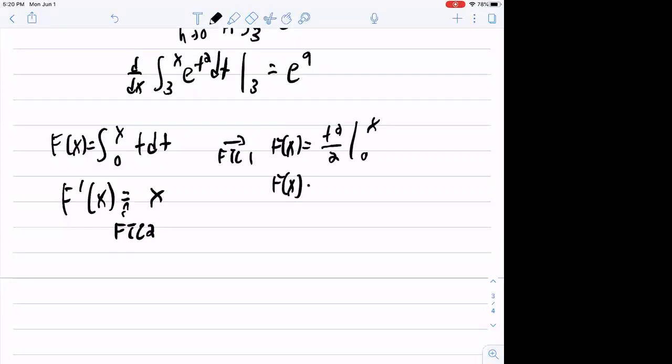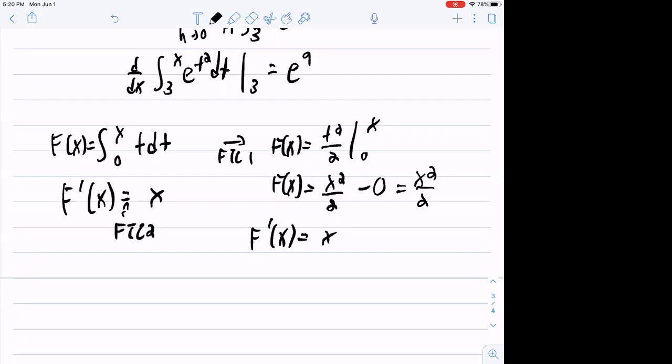So f of x is x squared over 2 minus 0, right? And then f prime of x is just the derivative of x squared over 2, which is x, right? So you could have done it either way, right?